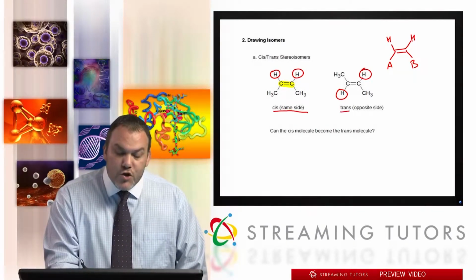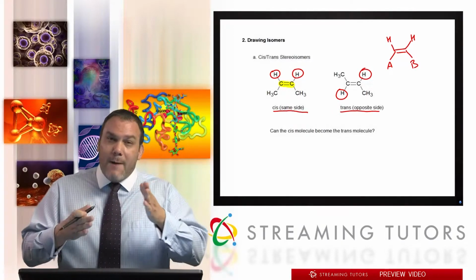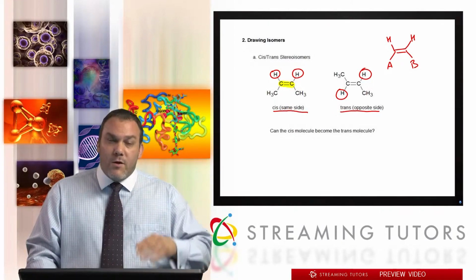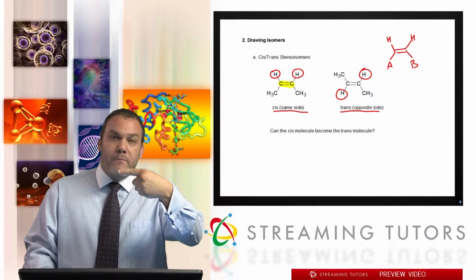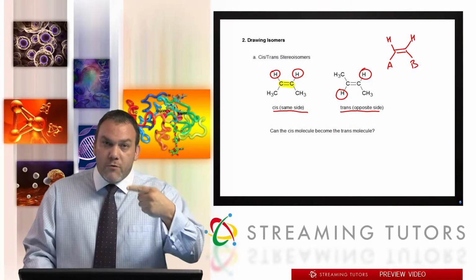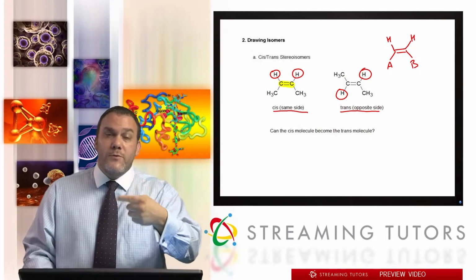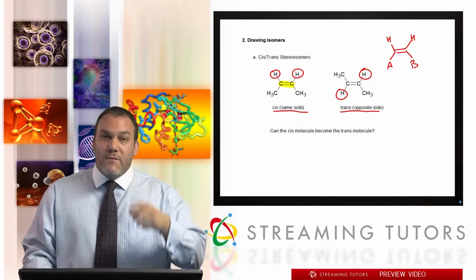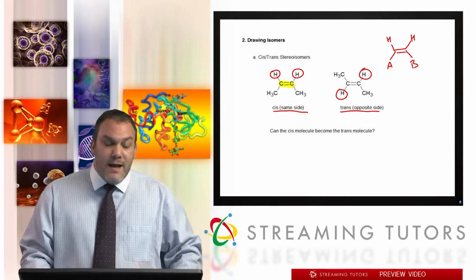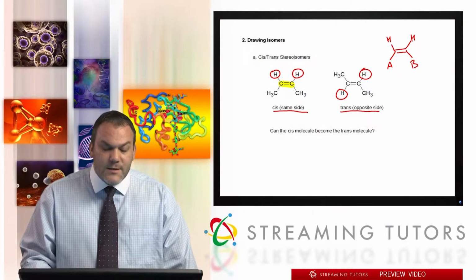So that makes trans. Trans is when they're on opposite sides of the double bond. So if you look at the double bond and just think of it as having an above and below area, if the 2 groups, the 2 H's or the 2 other groups, are on the same side, above or below, then they're cis. And if they're on opposite sides, they're trans. That's what you need to know for this isomerism.